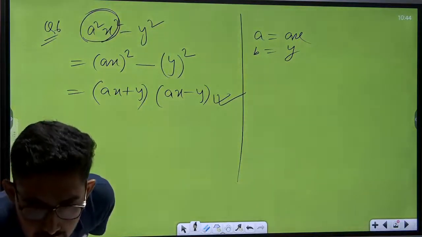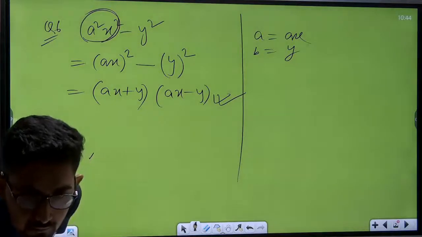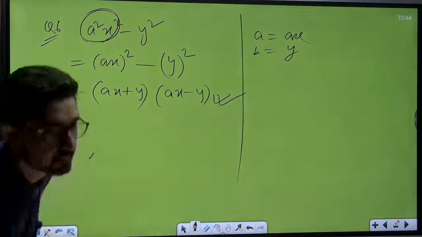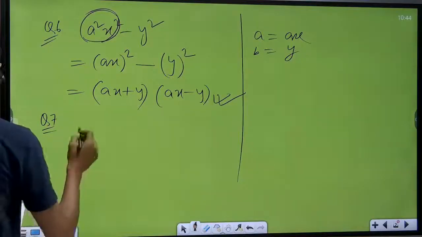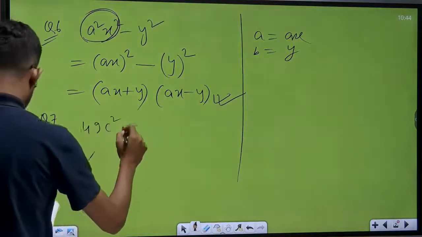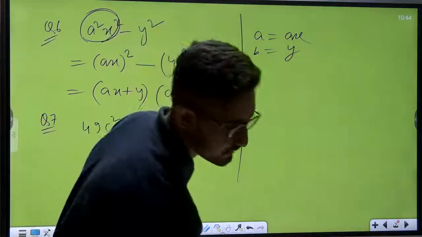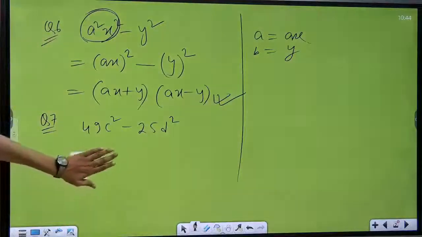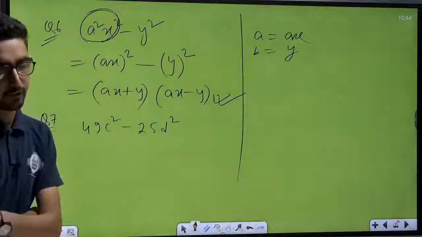Just wait, students. Okay, so next question, question number 7. 49c square minus 25d square. Okay, let's see. Think all of you, first of all, how we will write down which number square? 49c square.